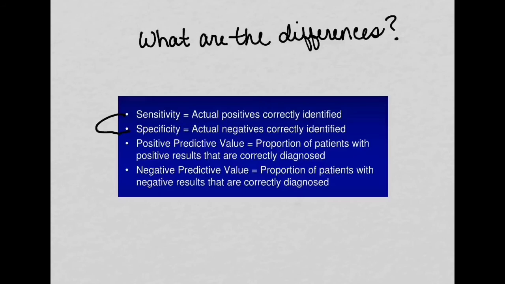So actual positives correctly identified and actual negatives. Whereas the predictive values are more of a proportion of the patients with positive results that are correctly diagnosed. Remember, going to the table, it was more horizontal. So we took those that were positive and those that tested negative. So you're actually finding a proportion, whereas with sensitivity, you're just finding the actual positives identified versus the actual negatives identified.